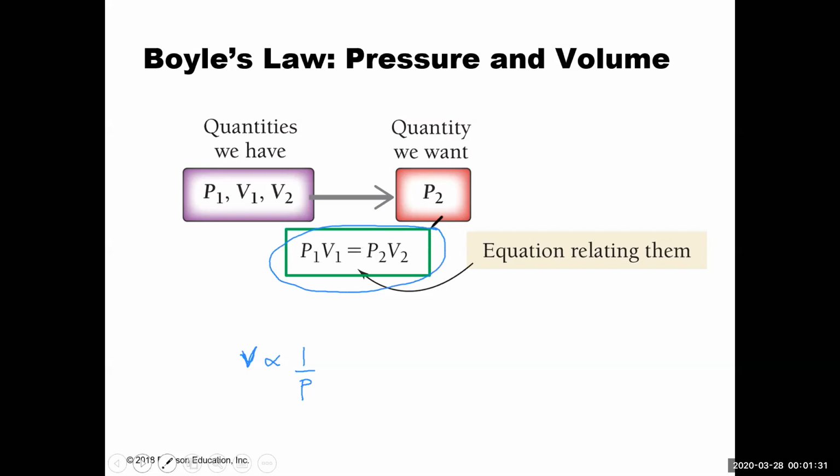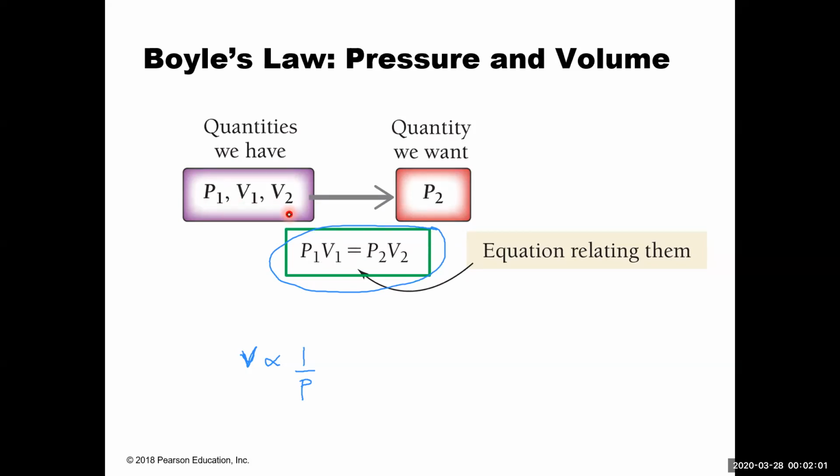That is, our initial pressure, P1, and our initial volume, V1, the product of these two will be equal to the product of your final pressure, P2, and your final volume, V2. So in our problem, say we're given our initial pressure, our initial volume, and our final volume, and we want to find out what our final pressure is. We can now use this law and solve for P2.